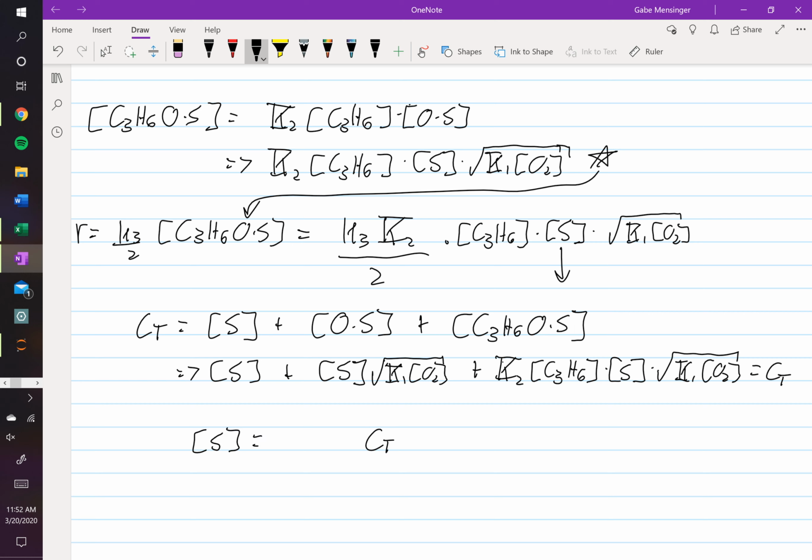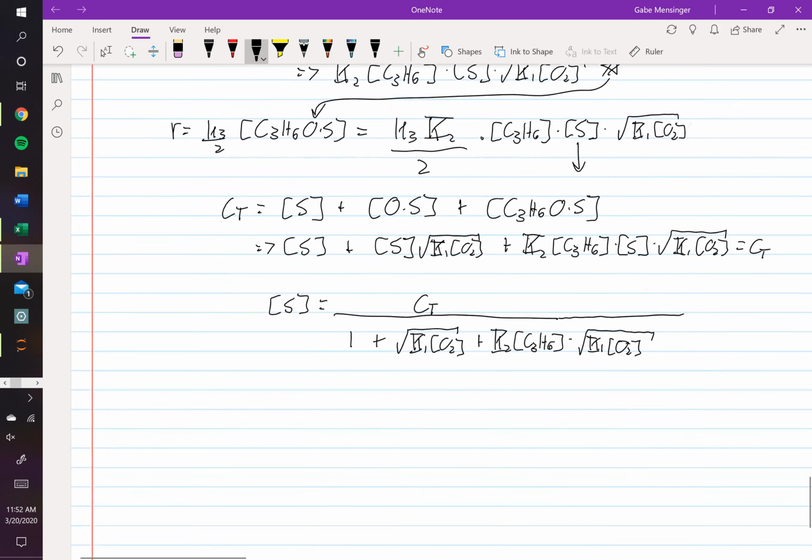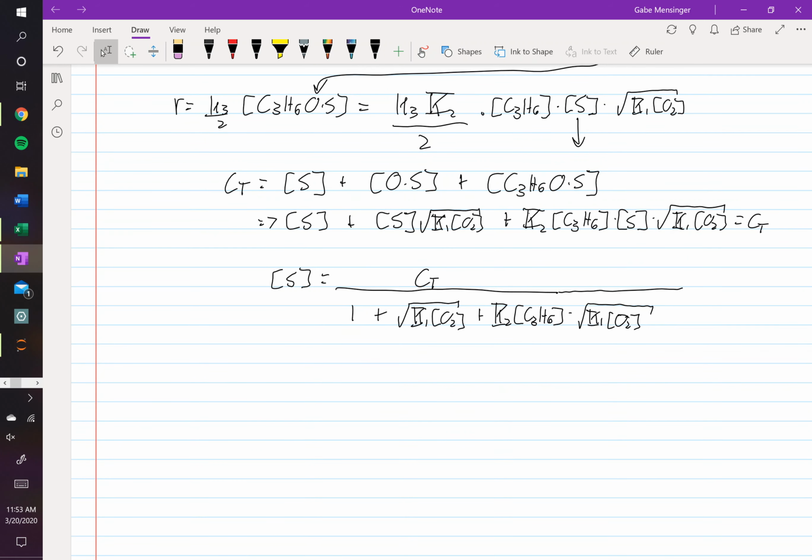It's equal to CT over 1 plus C3H6 times O2. Let me do this right. Right, there's our expression for the concentration of S. Now we've got to plug that back into our rate expression.